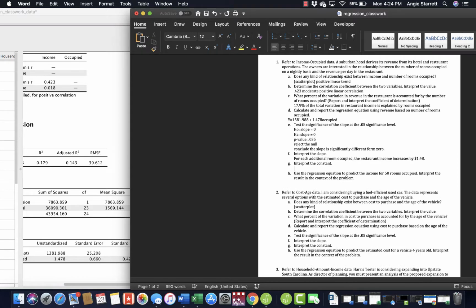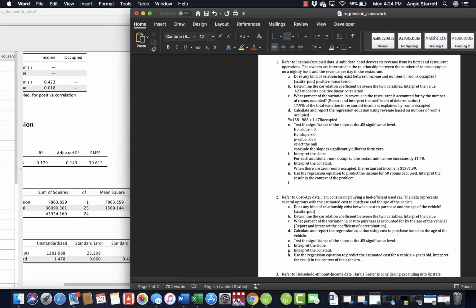All right, interpret the intercept. When there are 0 rooms occupied, the value of the income is the intercept. All right, so when there are 0 rooms occupied, the restaurant income is $1381.99.